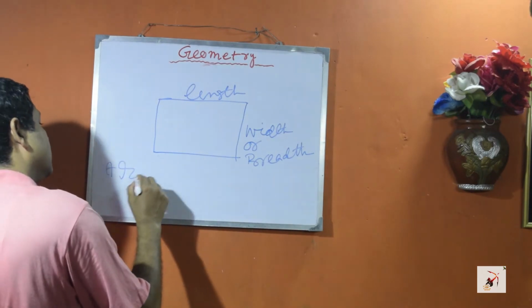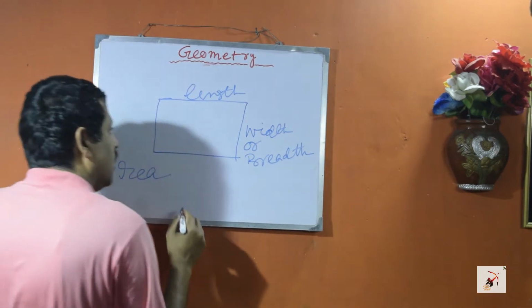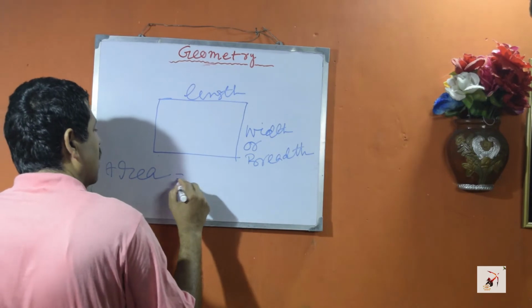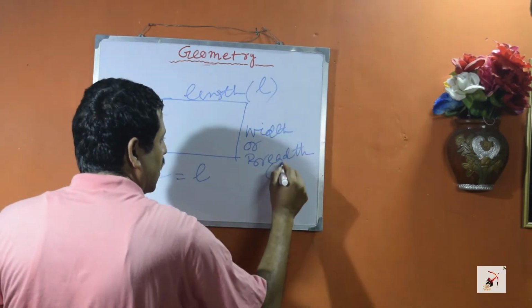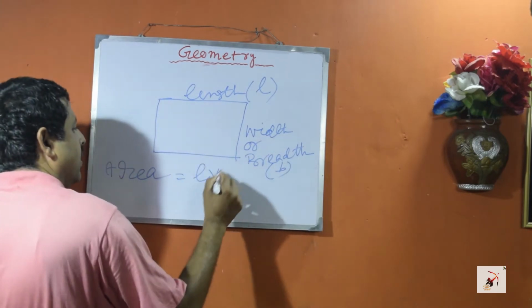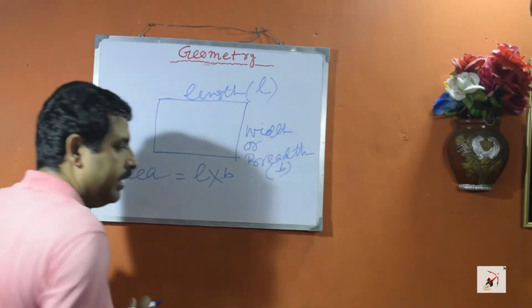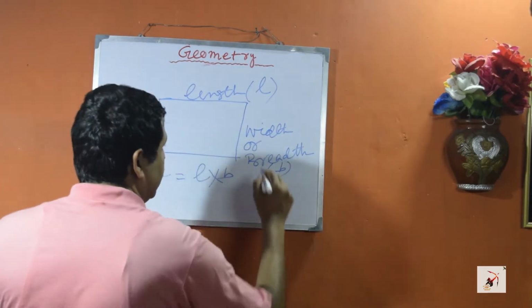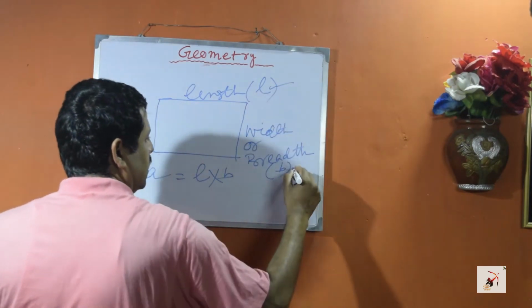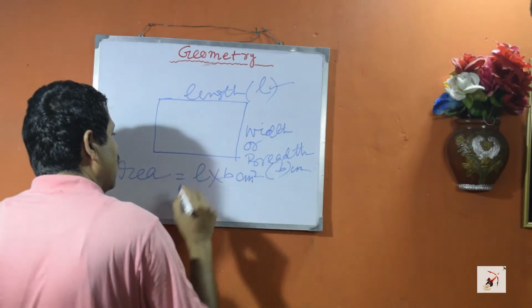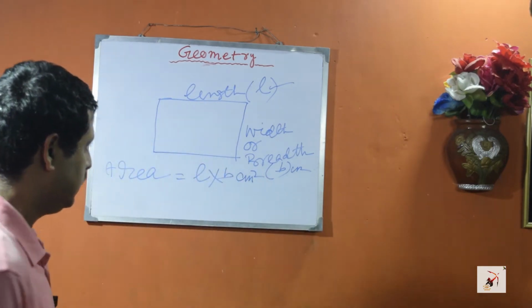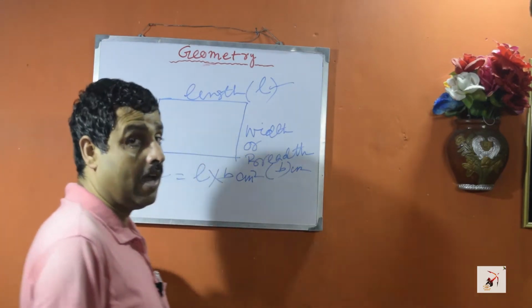Area is length into breadth, and its unit is square unit. If this is centimeter, this is also a centimeter, then the unit should be centimeter square. The unit is also called the dimension.